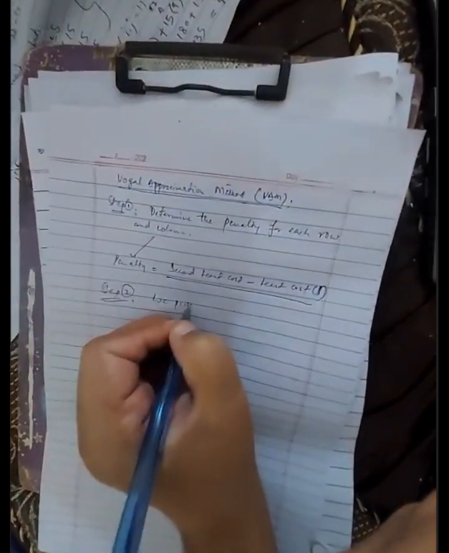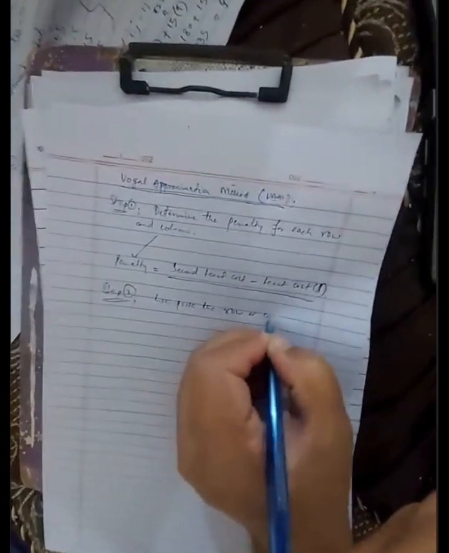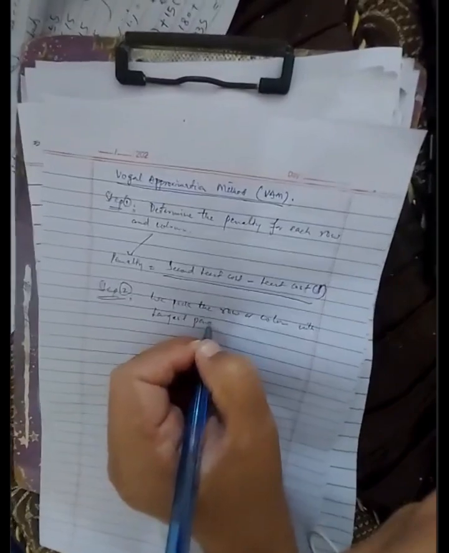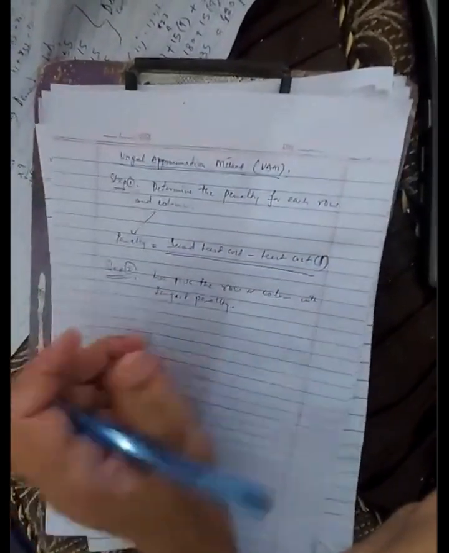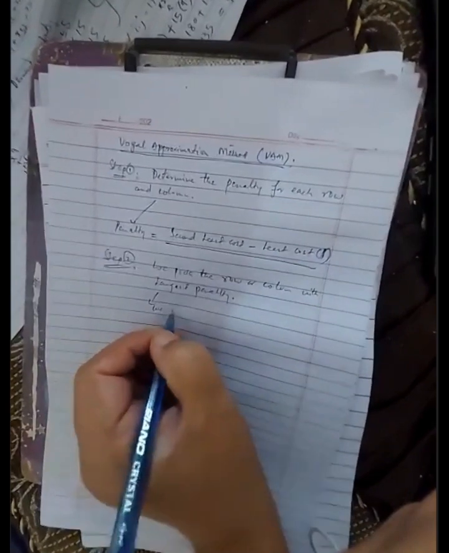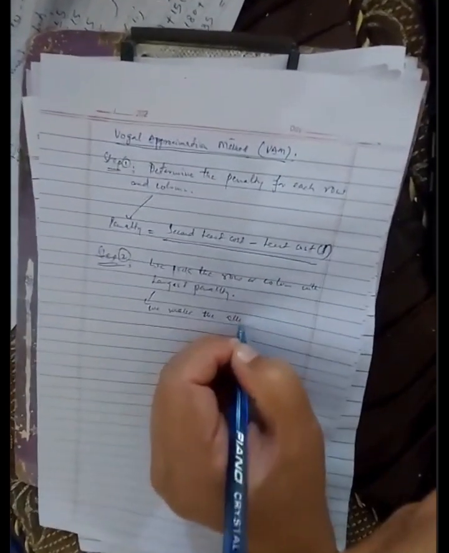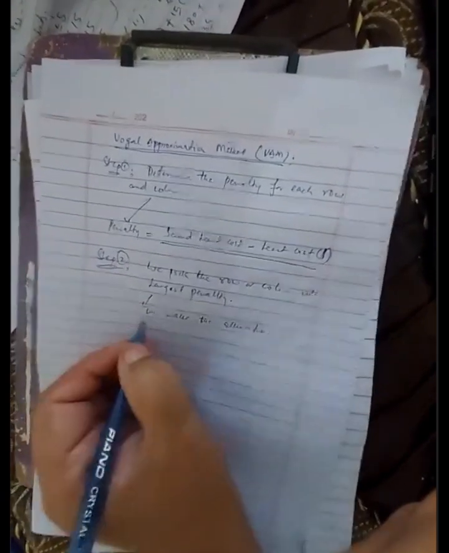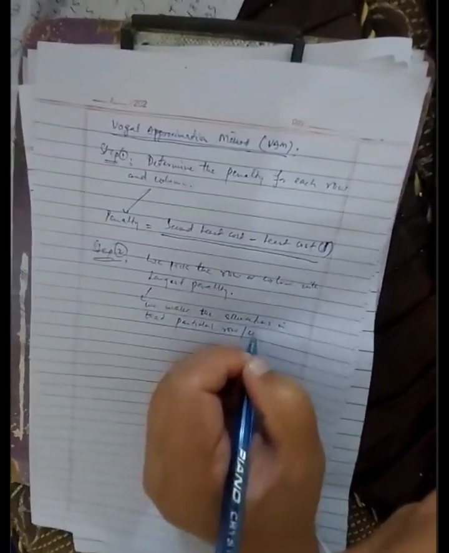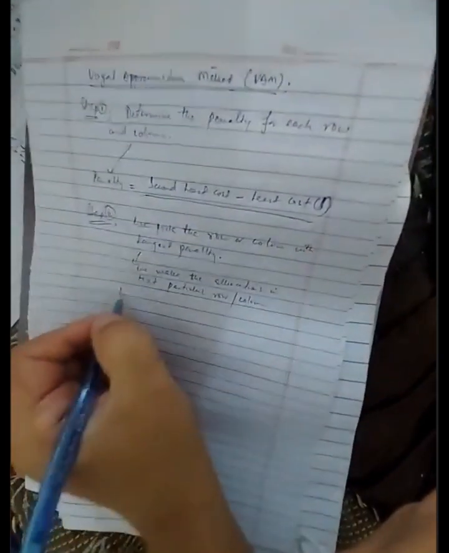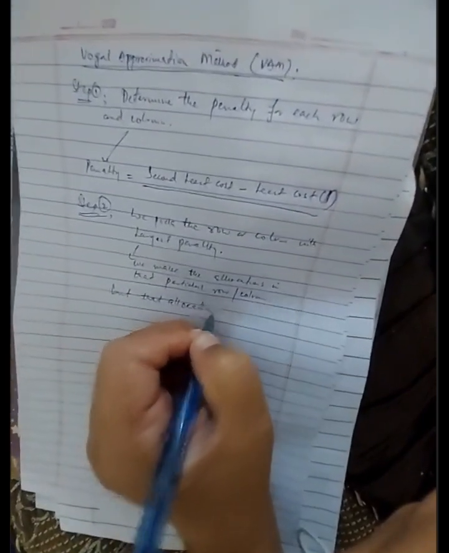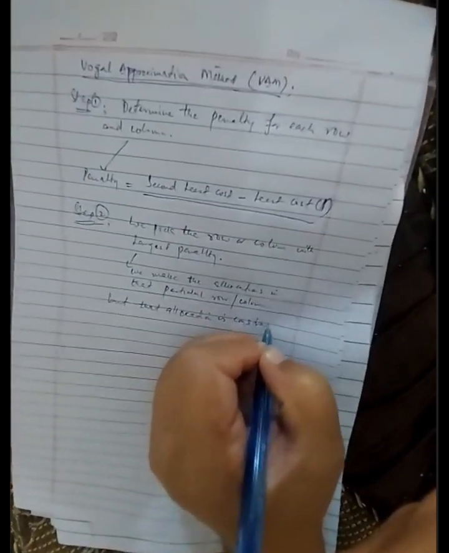We pick the row or column with the largest penalty, and when we find it, we make the allocations in that particular row or column, but that allocation is constrained.